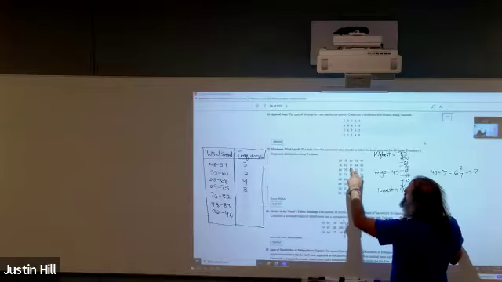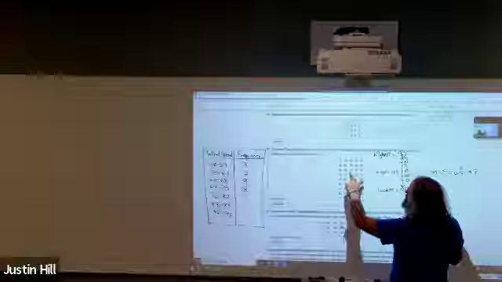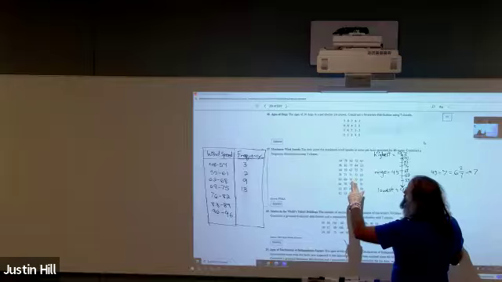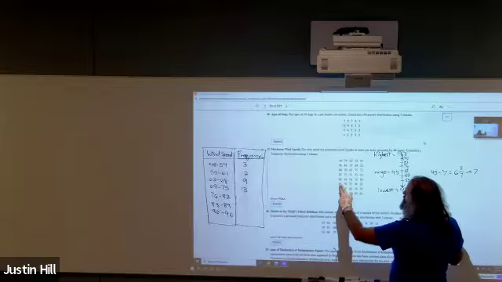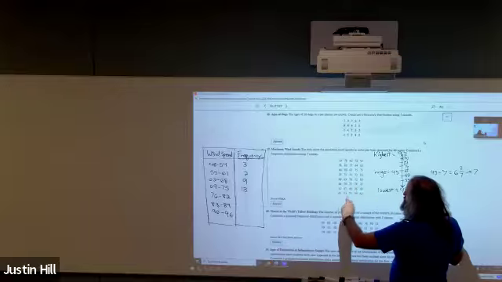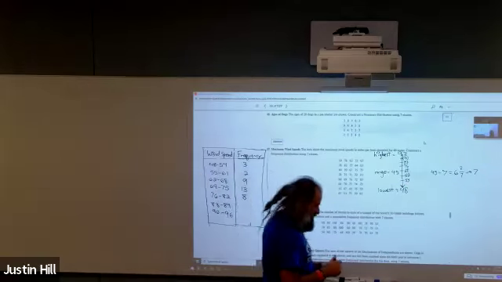Then there's 2, 3, 4, 5, 6, 7, 8. Looks like there's 8 total states from 76 to 82 miles per hour.